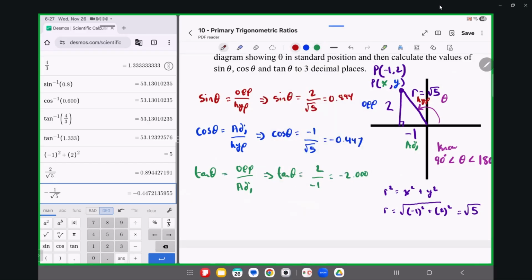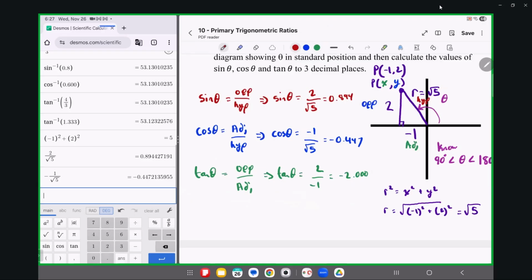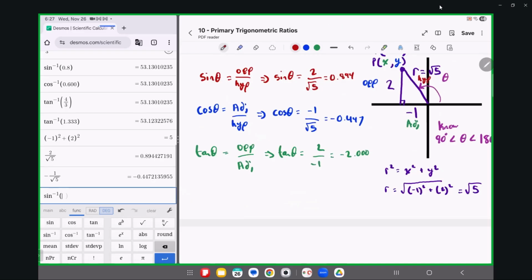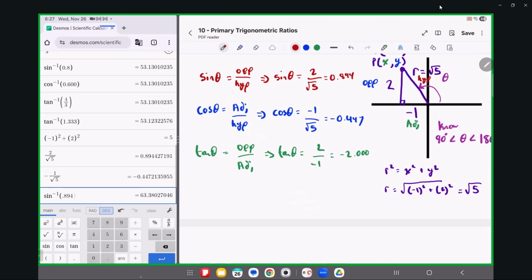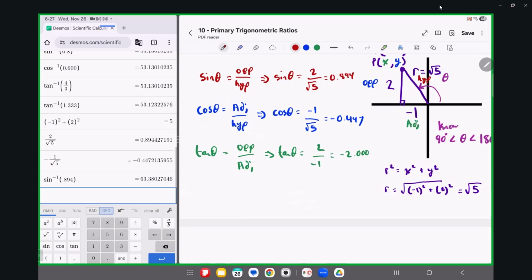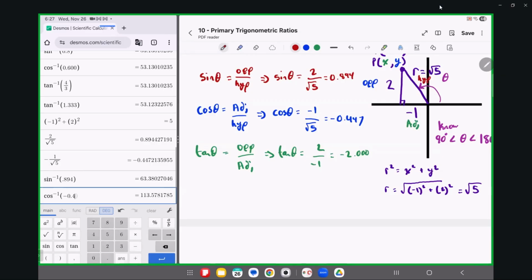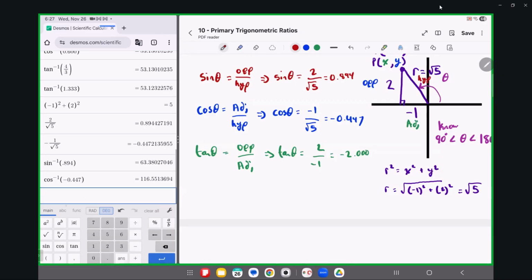Okay, so let's do, and I'm not going to write a bunch of equal signs here, inverse sine of 0.894. Let's do second function, inverse cosine of -0.447. And let's do inverse tangent of -2.